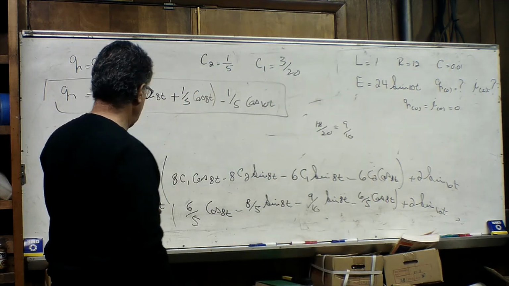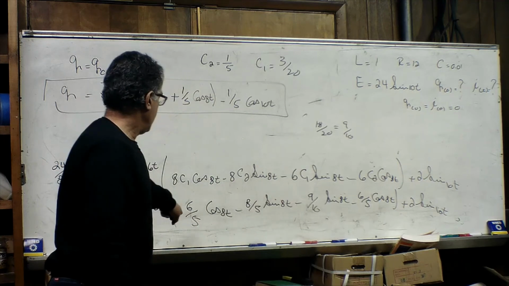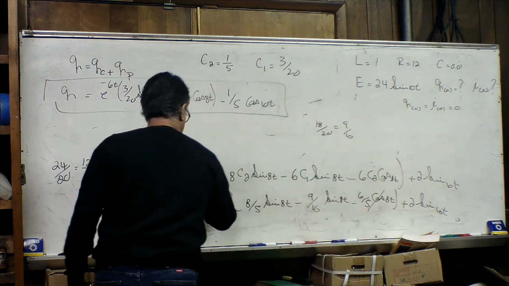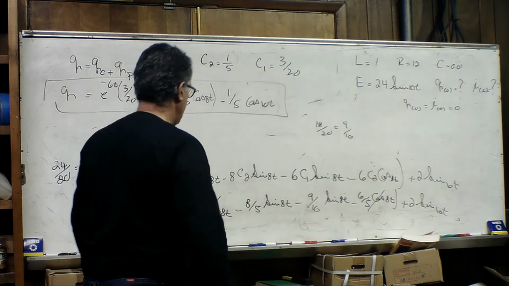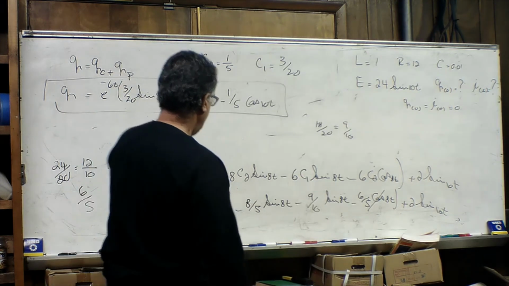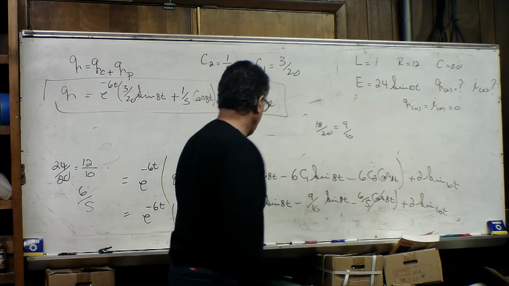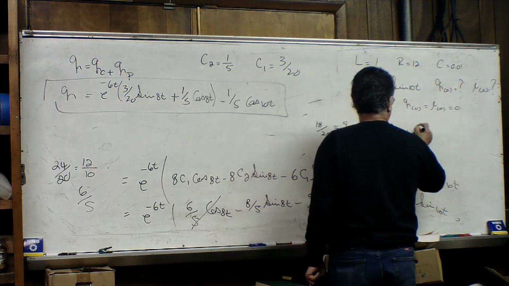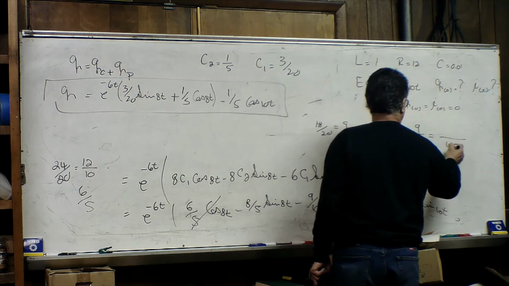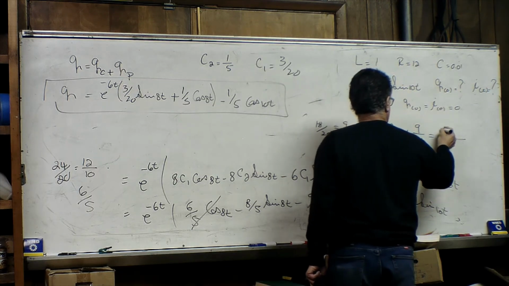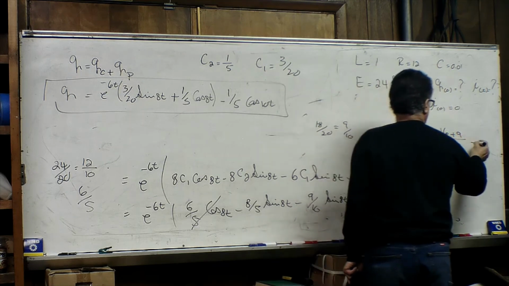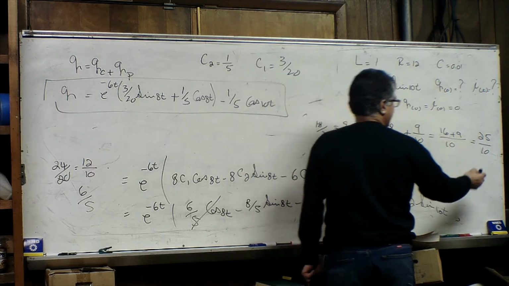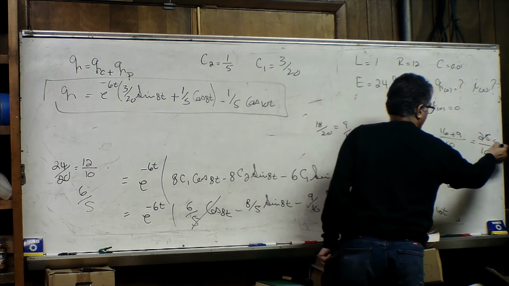So we have 6 over 5 and minus 6 over 5. So these two will cancel out, cosine 8t. So we are going to have 8 over 5 and 9 over 10. So 8 over 5 plus 9 over 10 is equal to 16 plus 9, which is equal to 25 over 10, which is equal to 5 over 2.